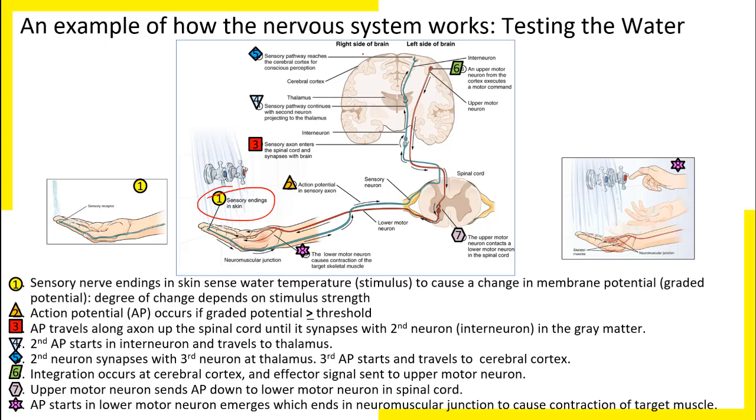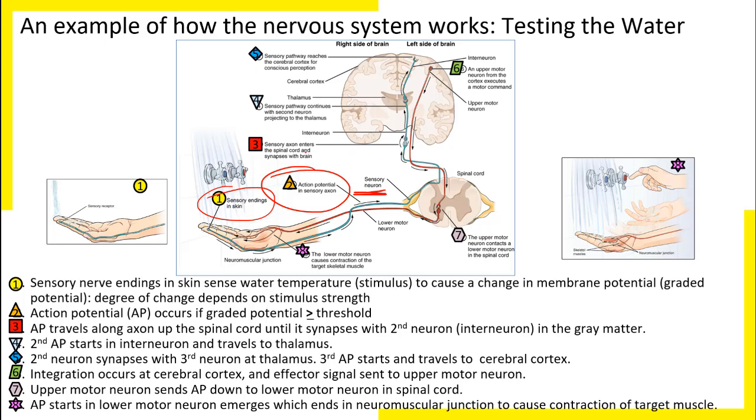That stimulates the sensory endings. If the sensory endings are appropriately stimulated, then threshold is reached, and an action potential is sent via the sensory neuron.